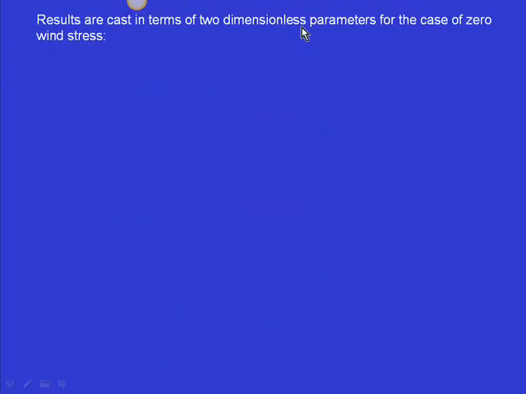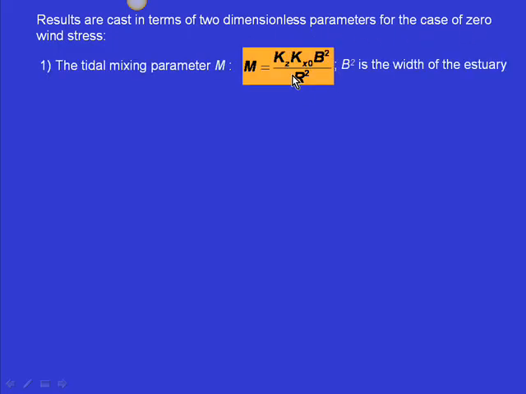When they do all this non-dimensionalization of the momentum, salt, and continuity equations, you get two non-dimensional parameters that can characterize any estuary. That's for the case of no wind stress.